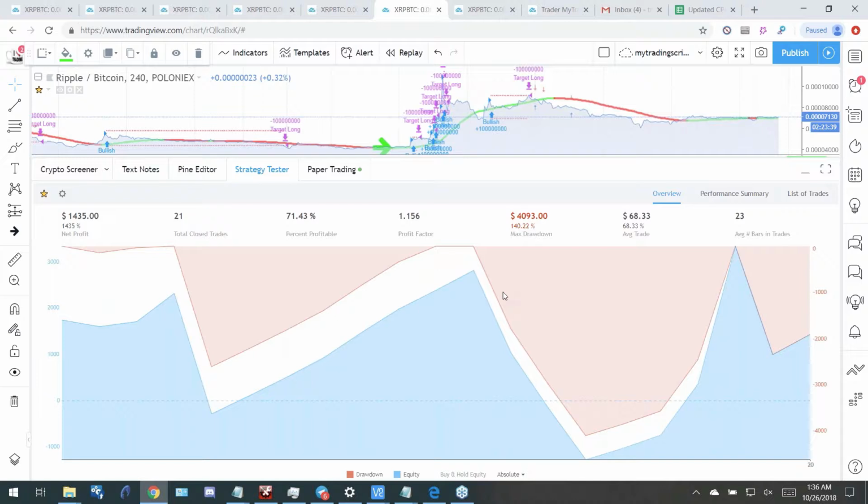This isn't the best tool, but TradingView is a really good program, and its functionalities allow different developers like myself to offer products like this to customers. You understand what I mean?